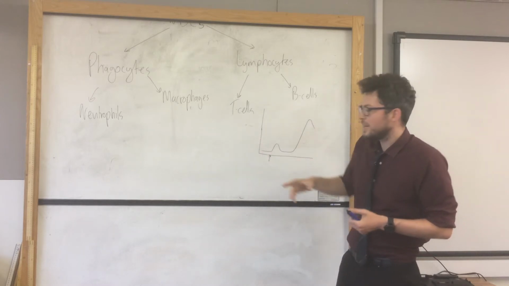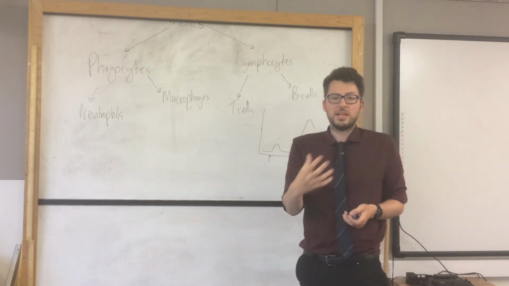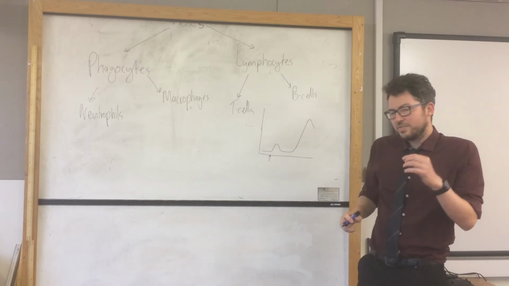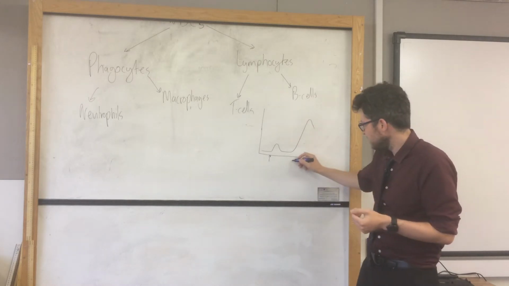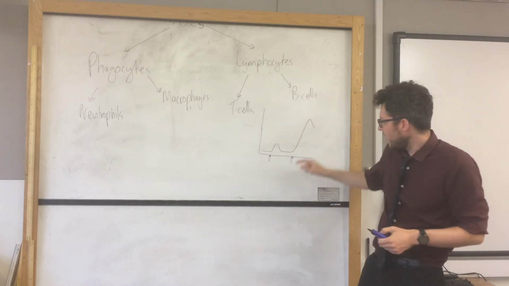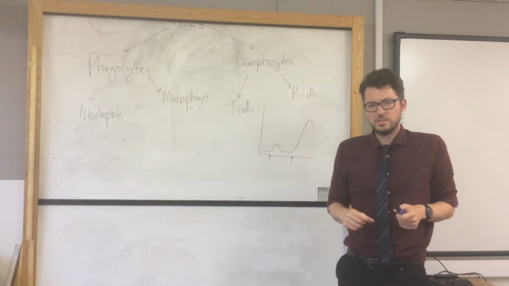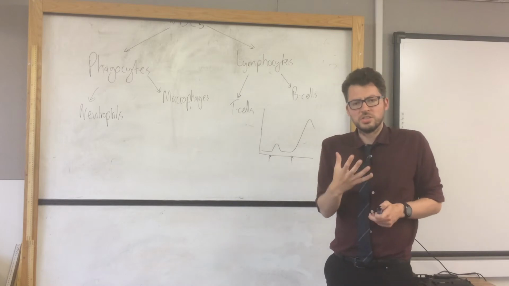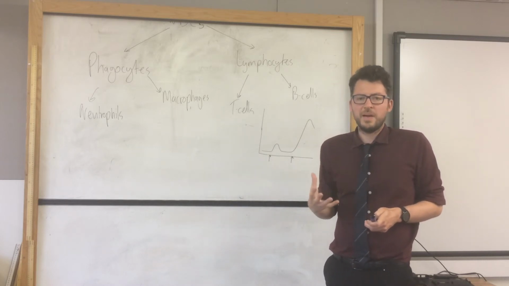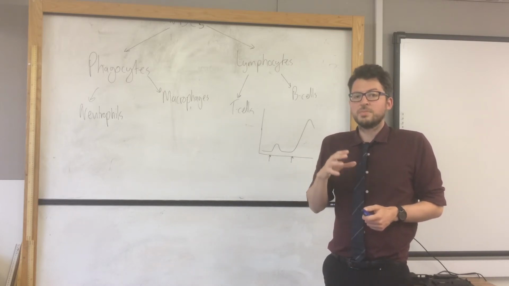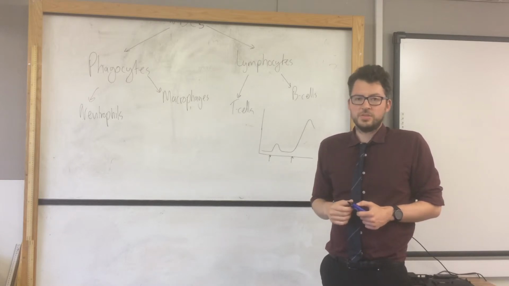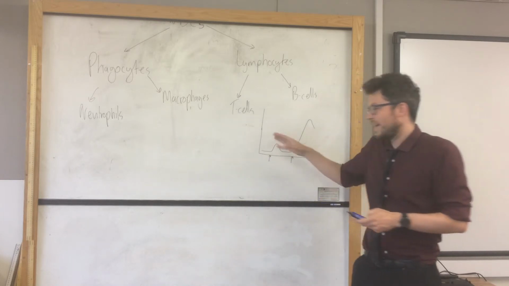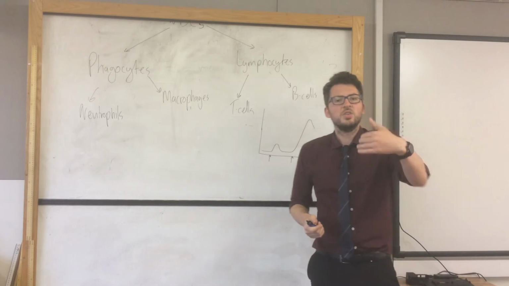You don't produce that many antibodies, which is why you display symptoms. However, if you then get infected at a later date, let's say here, you very rapidly produce antibodies, getting to a very high concentration in the blood. And what this does is it essentially fights off the pathogen before you display symptoms to the infection. Okay. So that is what that graph means, and you've all experienced it.